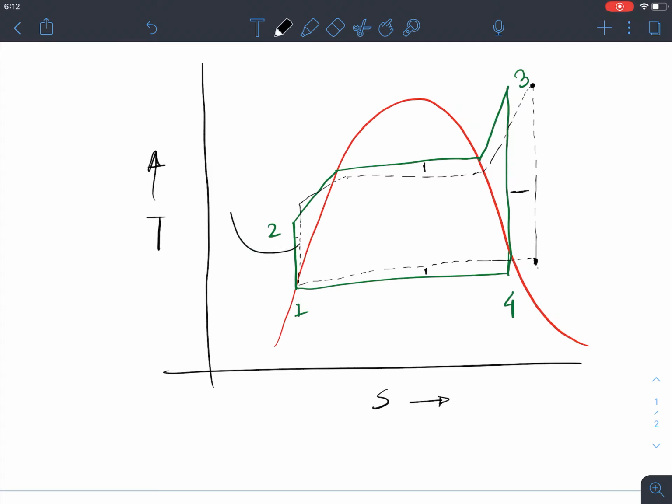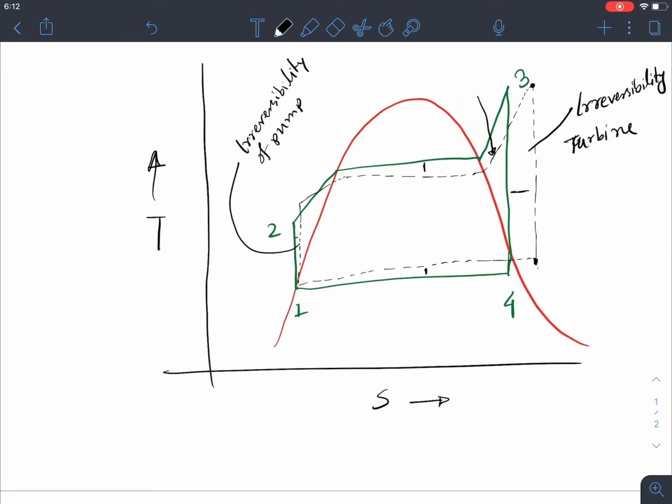So what is happening here? The first thing is the irreversibility of the pump. Similarly, the irreversibility of the turbine.